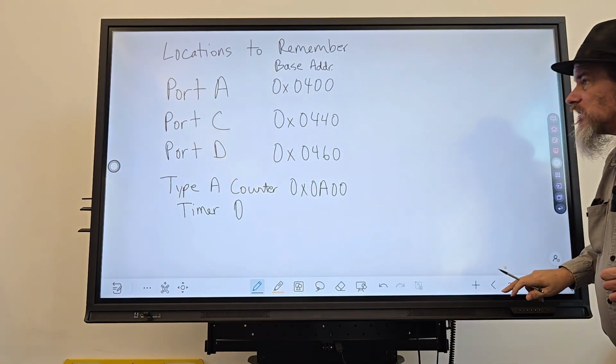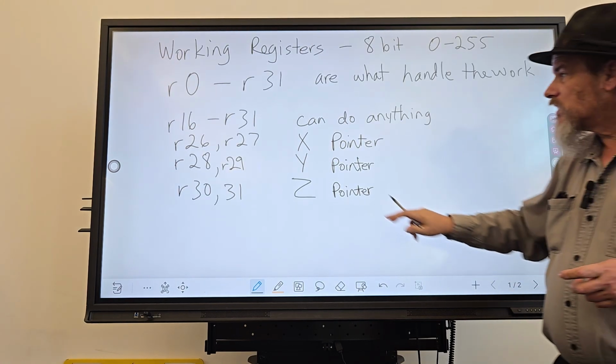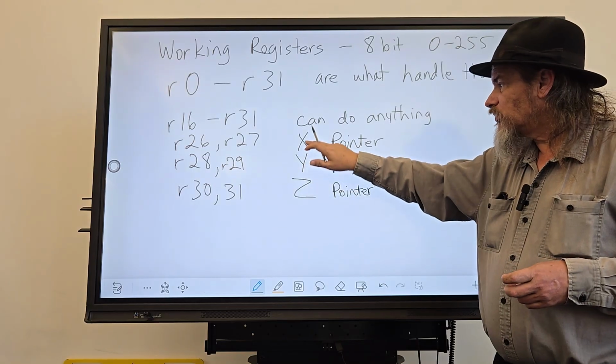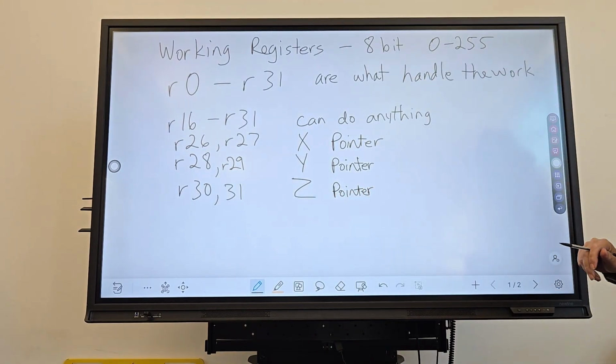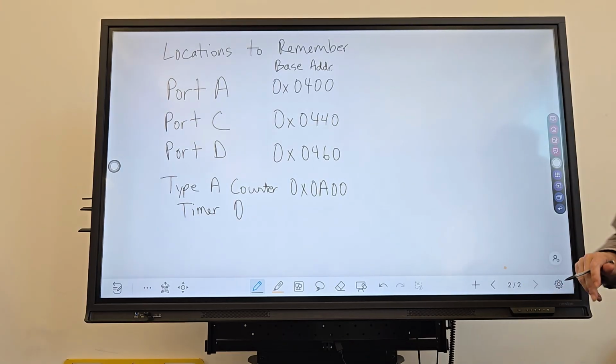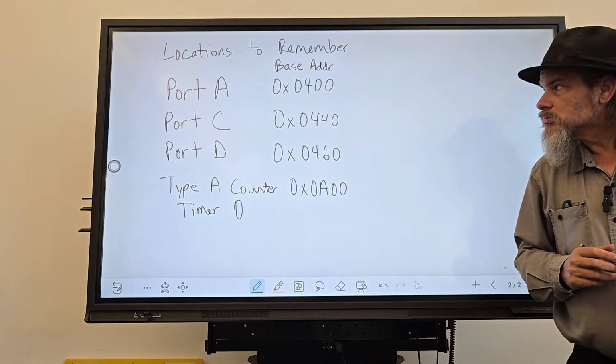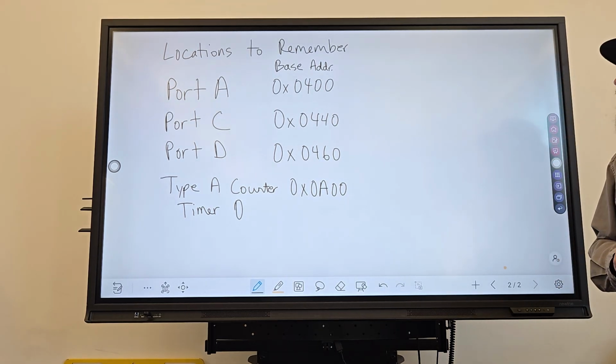So you can load the base address into one of the X, Y, or Z pointer registers, and then add the offset to that, and then you can load and store from those locations.